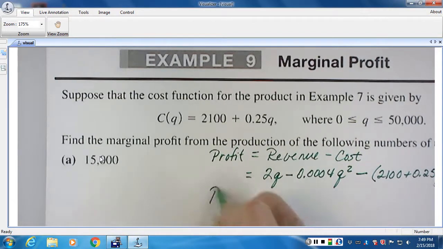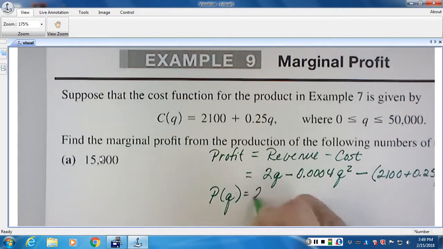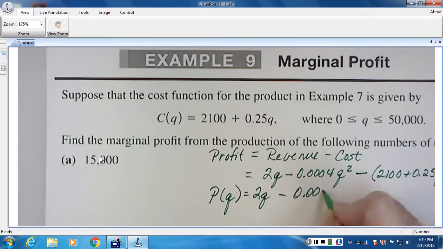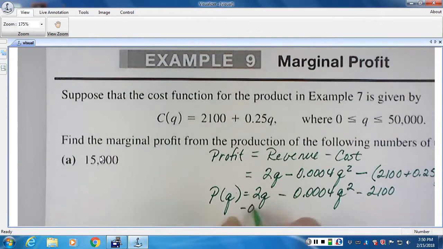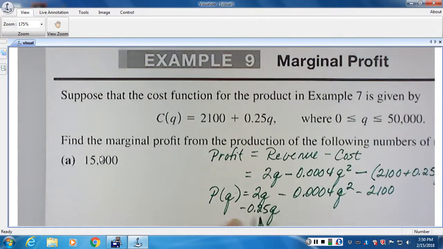So your profit function for Q units is going to be 2Q minus 0.00004Q squared minus 2,100 minus 0.25Q, which I'm going to bring over here under the Q term.